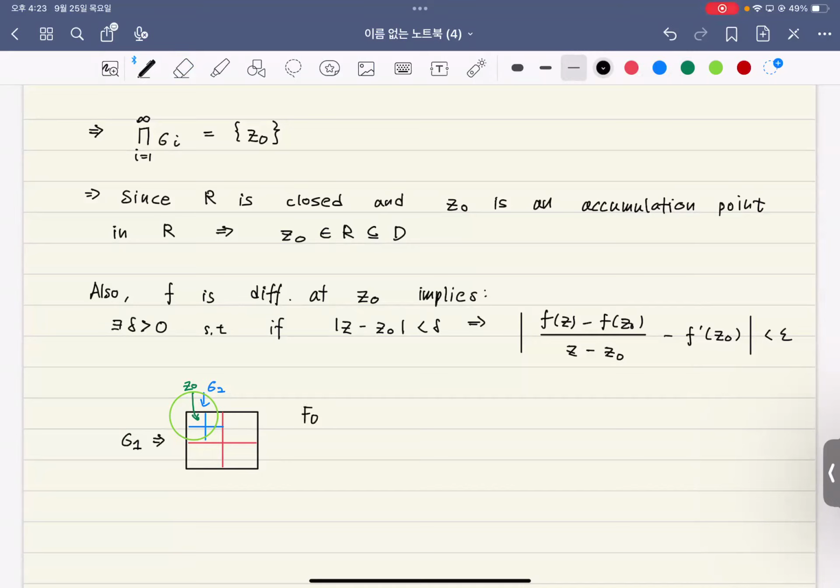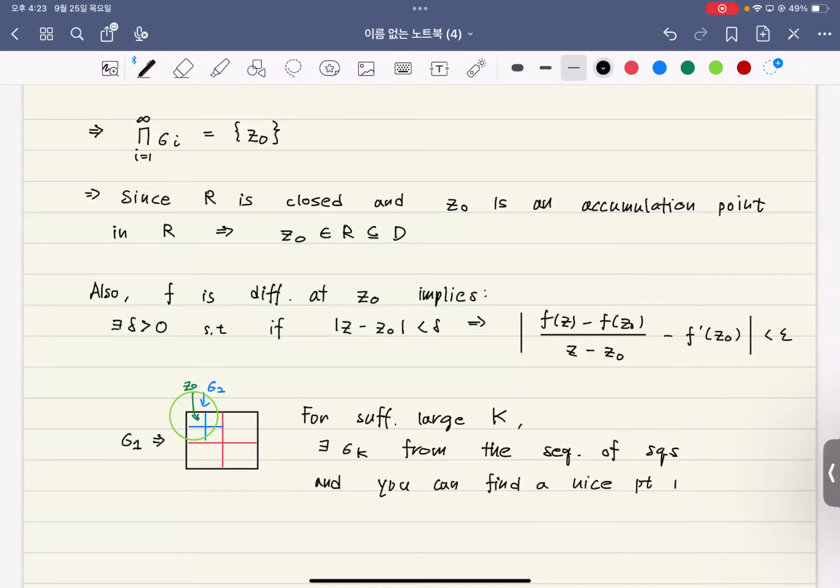So for sufficiently large K, there is a sigma K from the sequence of squares, and you can find such a point in sigma K, which is a contradiction.